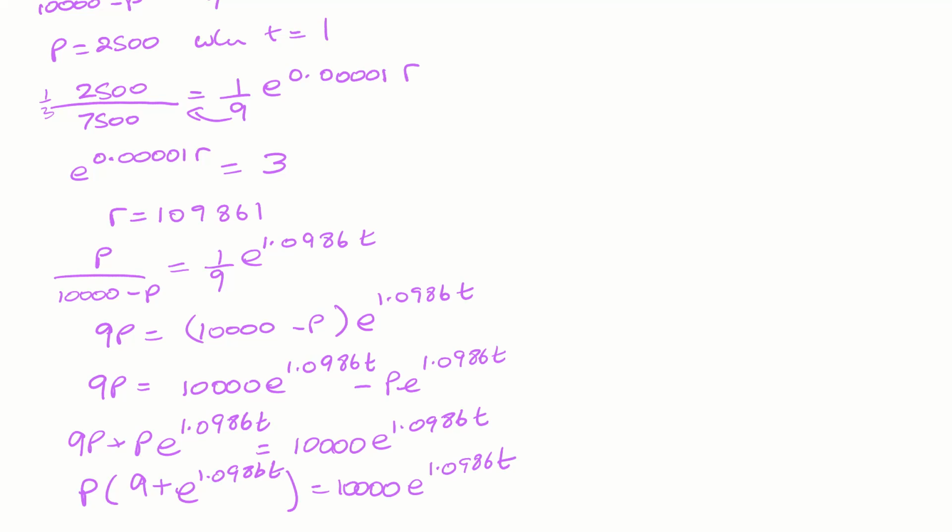And so P would be equal to 10,000 e to the 1.0986 t over (9 plus e to the 1.0986 t).